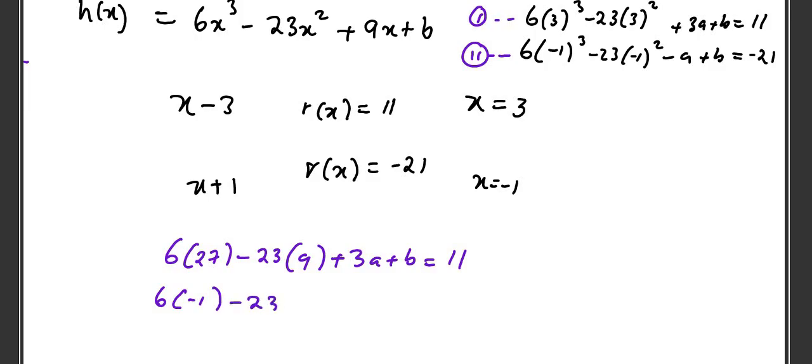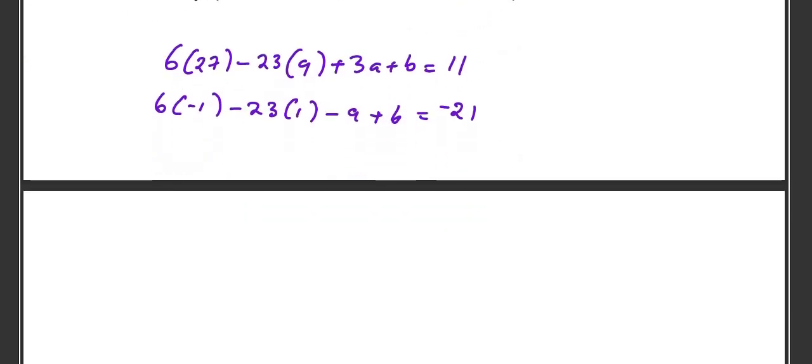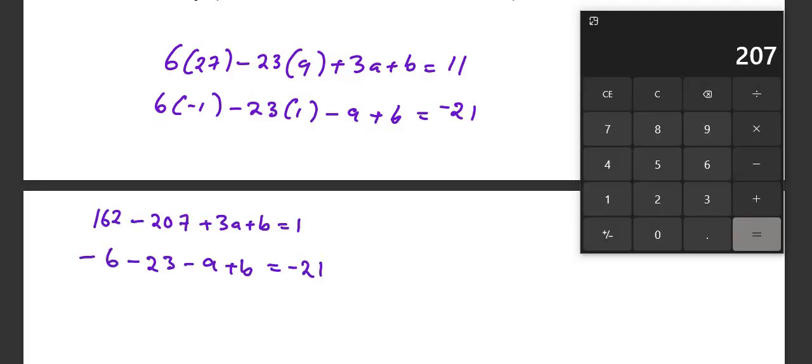Then minus 23, this is a 1, minus a plus b is equal to -21. Then here we're just going to simplify this. If you try to simplify this, you will reach the stage that I've reached. Then we can just gather the numbers on one side.